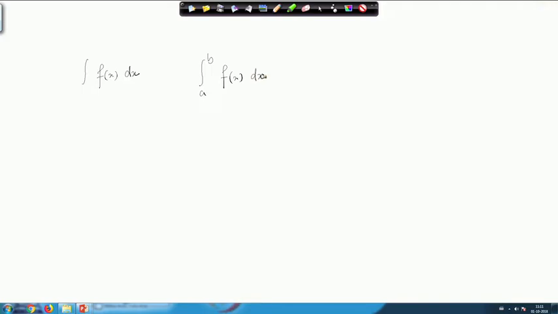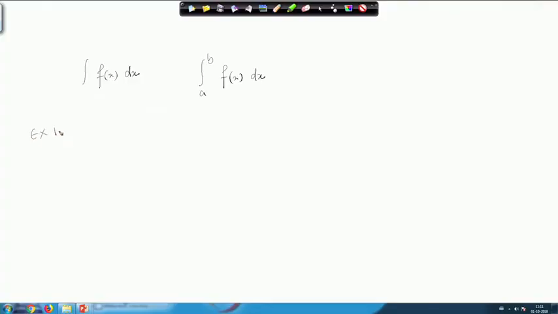This is a definite integral. Most of the time these functions f(x) are very nicely behaved functions, so you can do integration or differentiation of these functions because they are very well behaved. One such example could be example 1.